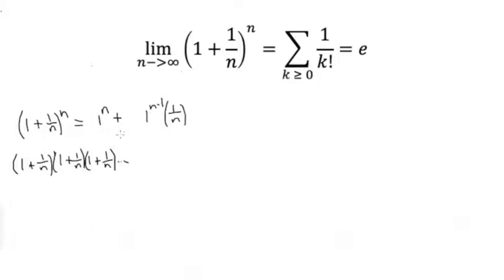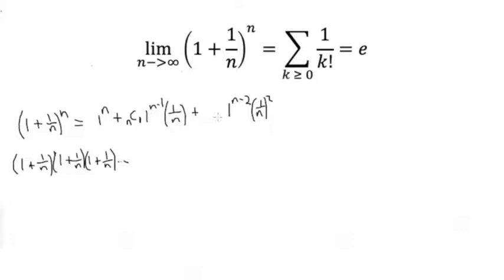And that combination is a coefficient, which we're going to put right here. It's nC1, which is n choose 1. Now we're going to look at the next term. We multiply all the ones together except for 2 terms, so that'd be 1 to the power of n minus 2, and then those last 2 factors will be 1 over n, and we'll multiply 2 of them, so it'll be 1 over n squared.